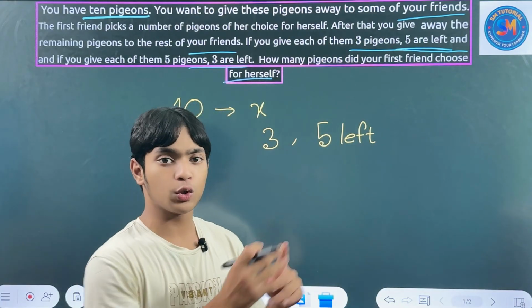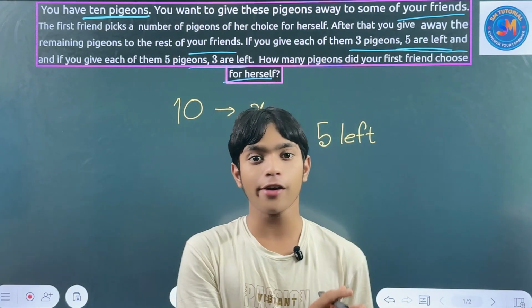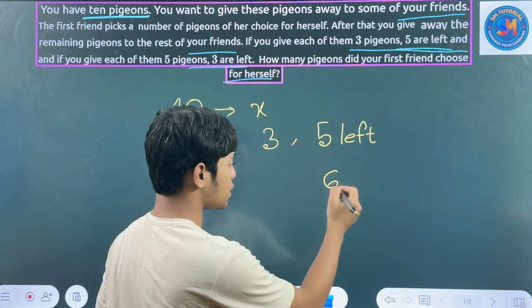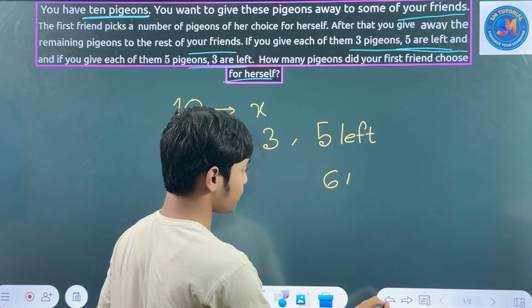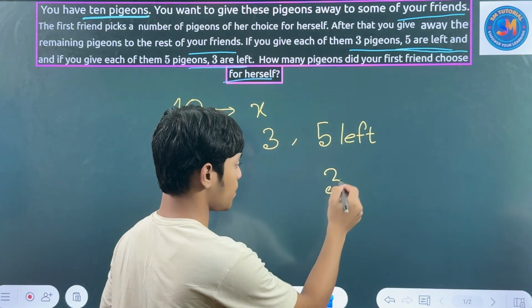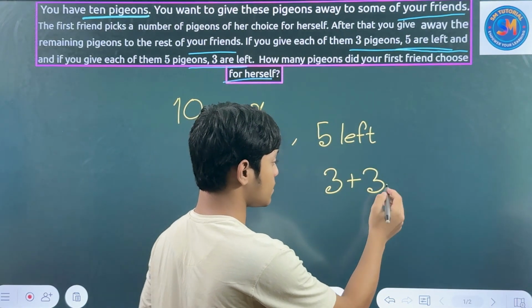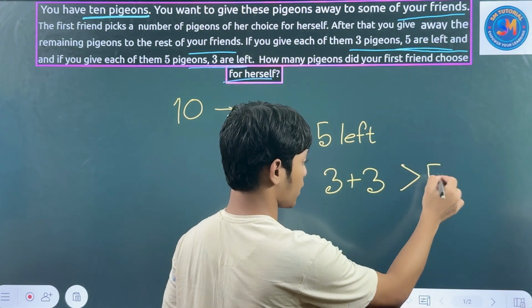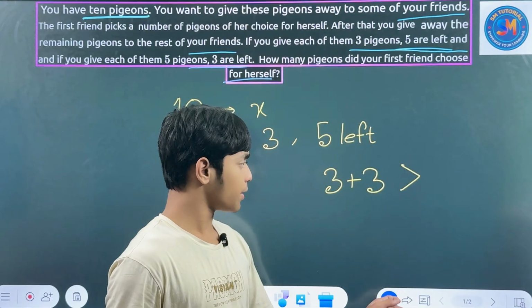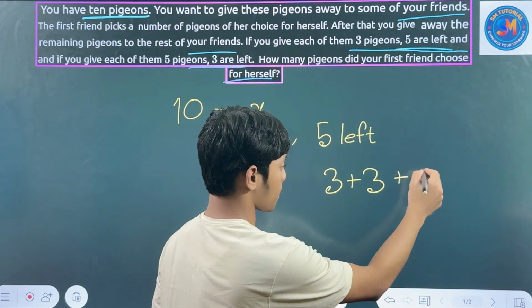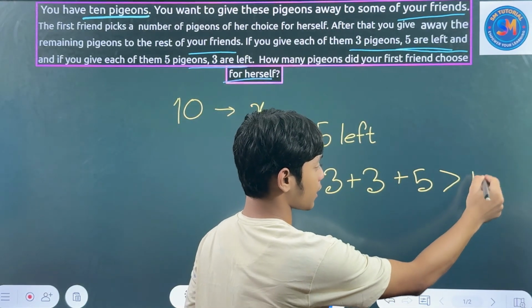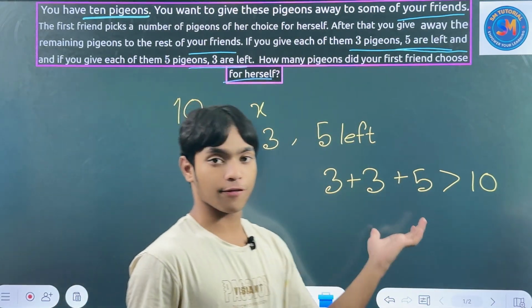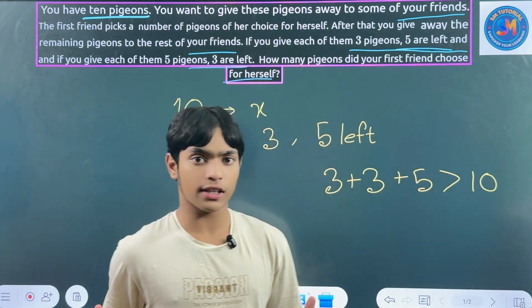If you give 2 friends 3 each, 3 plus 3 is 6, and with the 5 left that means 11, greater than 10.